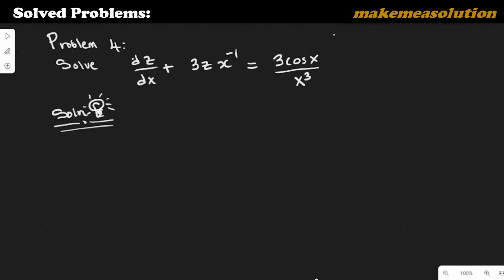Now problem number 4, we have to solve this particular differential equation: evaluate dz/dx plus 3z x inverse is equal to 3 cos x over x cubed. So to solve this differential equation, all you need to do is, of course, to still write it in the standard form.